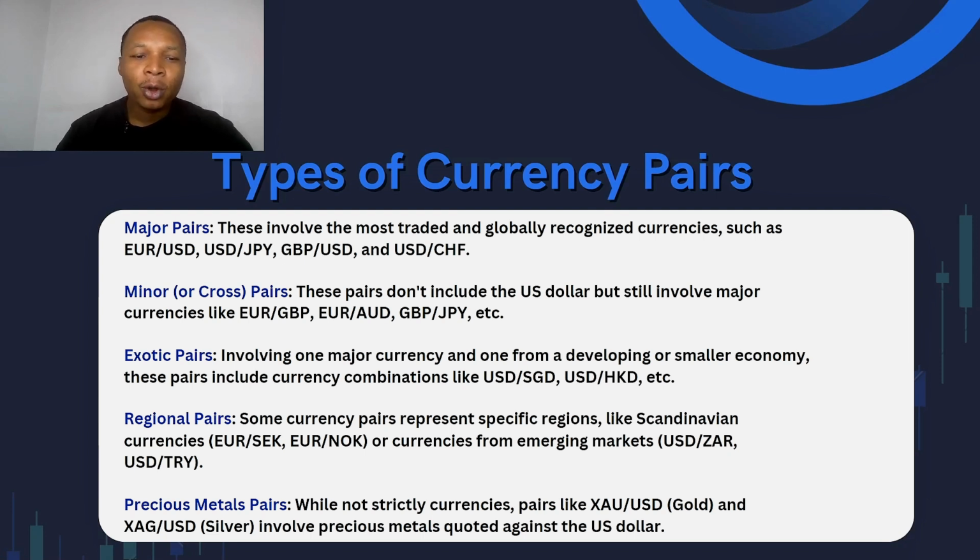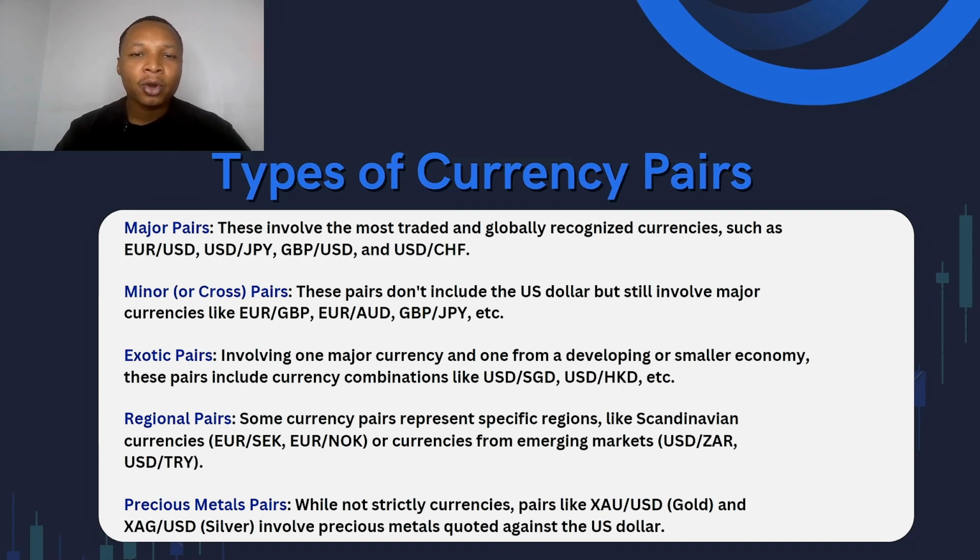We also have what we call exotic pairs. These currency pairs are from developing economies or smaller economies. For instance, we have the USD/SGD, which is against the Singaporean dollar. We have the USD/HKD, which is the US dollar against the Hong Kong dollar.